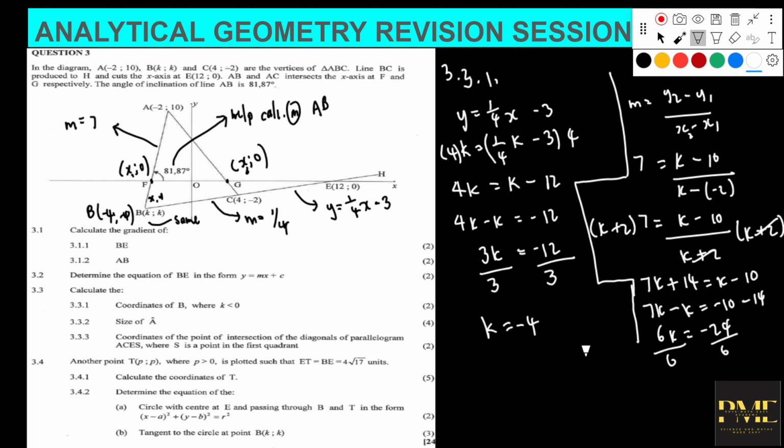We get K equal to negative 4. Okay, so guys, you see that no matter which method you use, you actually come up with the same answer. So it's up to you which method you're going to use, as long as you are using a statement which is true for that particular point you are talking about. Okay, so then we're going to be moving on to 3.3.2.